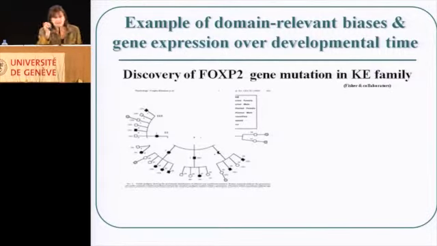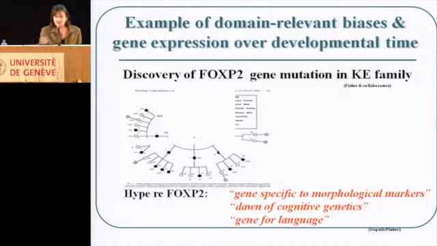So a very tiny part, tiny gene, on chromosome 7 actually was impaired, mutated in these children, whereas other family members with much of the genome very similar did not have that impairment and had no speech and language impairment. The problem with discoveries like that is the way people jump on them. So Pinker, Gopnik, Myrna Gopnik and others started to think in terms of a gene specific to morphological markers. That was a paper in Science.